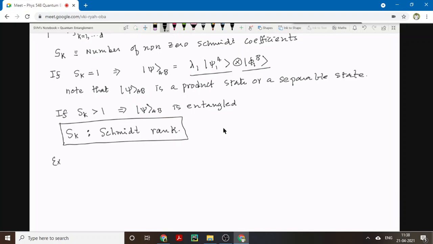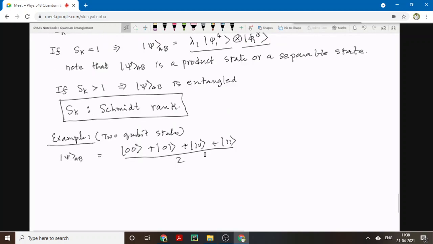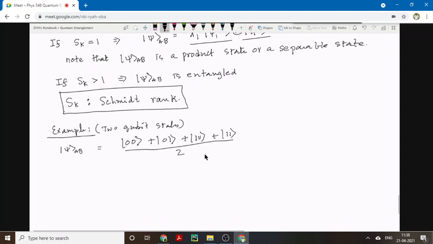Let's just look at an example. Suppose you take a state like this, your psi AB. Let's look at the 2-qubit case, 2-qubit states. Suppose you have a state like this, 0 0 plus 0 1 plus 1 0 plus 1 1 by 2. That means this is an equally superposed state of all the basis elements.